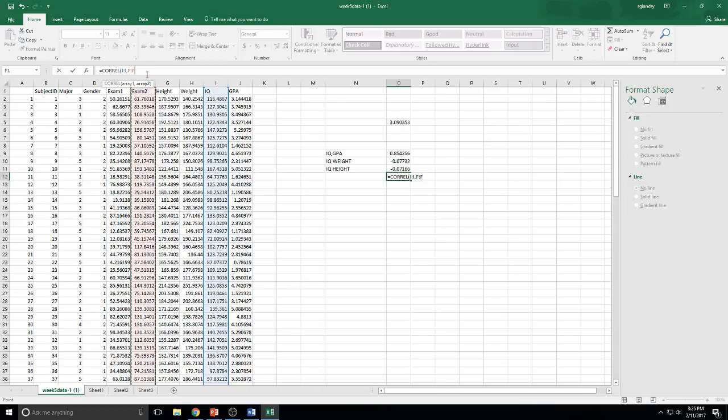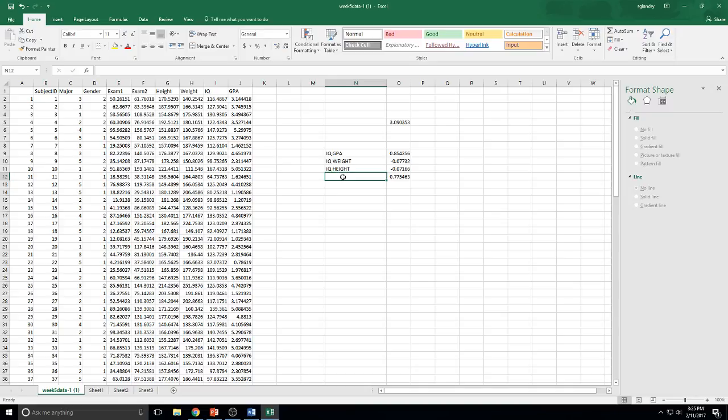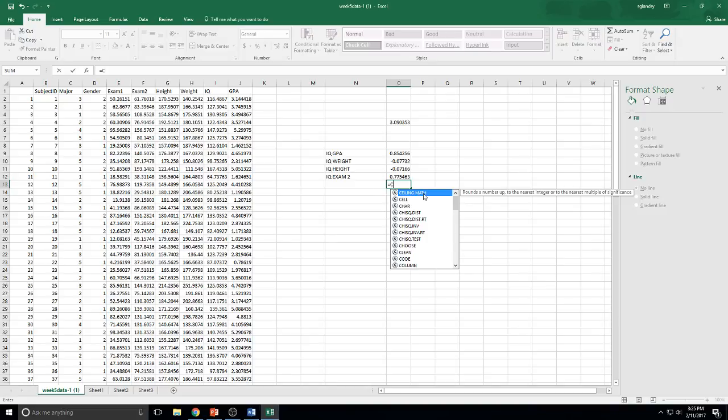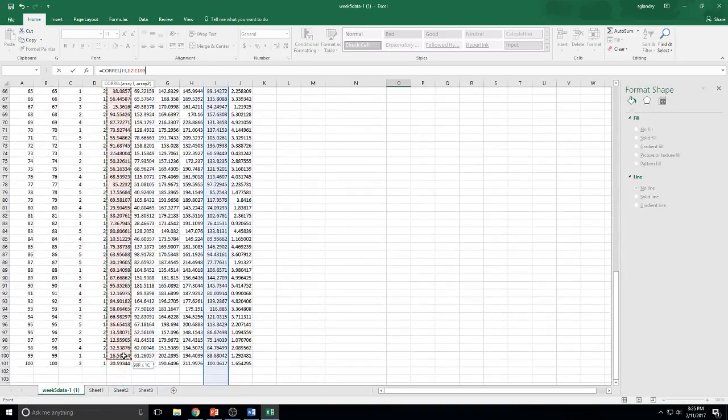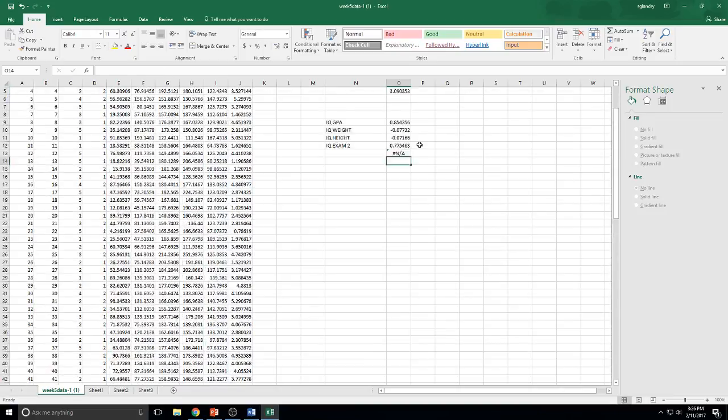Boom. Equals Correl between IQ, we put a comma, and then we want to do exam 1.